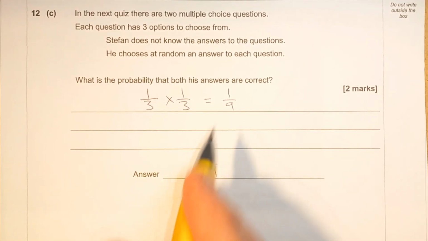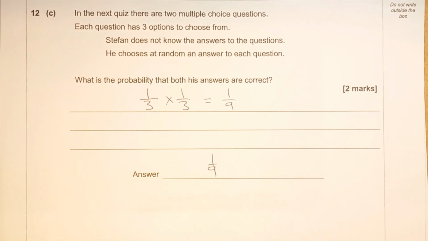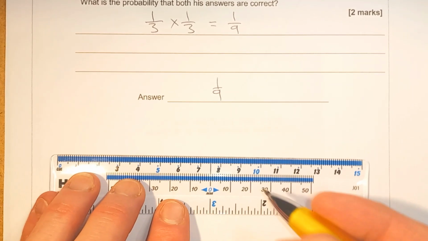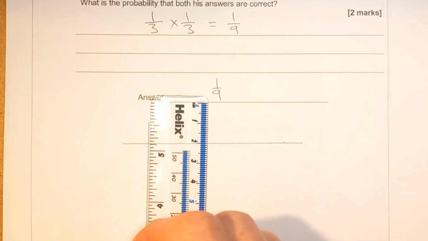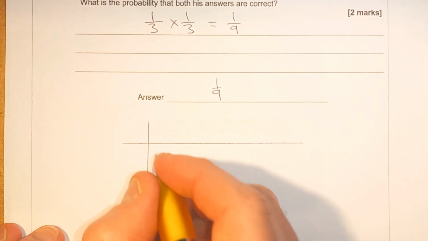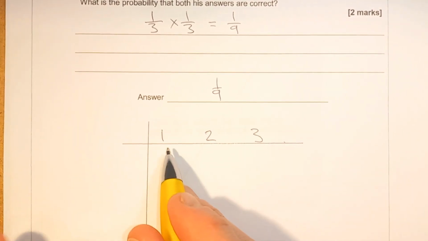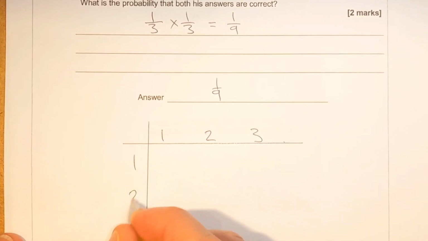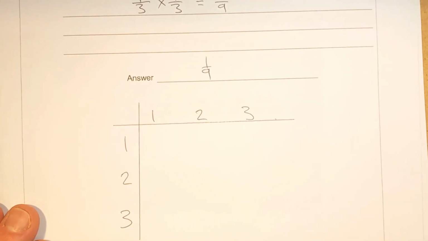Now, if you weren't happy with the reasoning I gave, which was a little bit vague, we can think of it more carefully. And we can say, well, let's draw a table. You can get 1, 2, or 3. So 3 possible answers on the first question, and 1, 2, or 3. 3 possible answers on the second question.